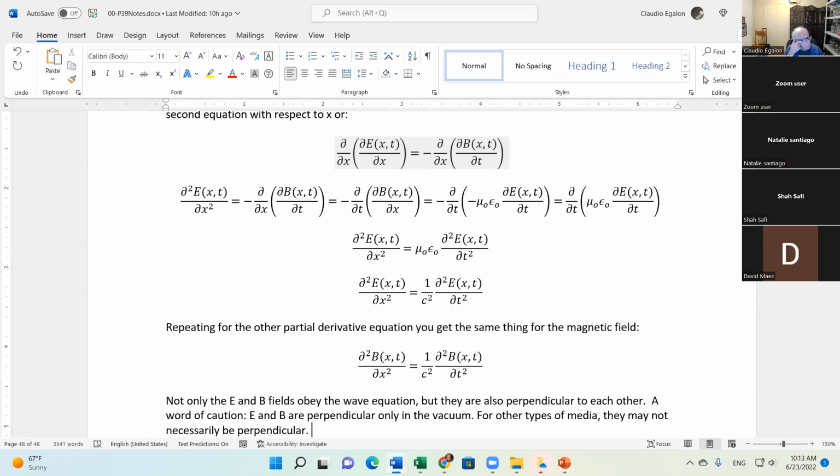Like in the case of an optical fiber, for instance, where an electric and magnetic field propagate inside it. Light propagates inside an optical fiber, which is an electromagnetic field. The electric and magnetic fields are not necessarily perpendicular to each other. They may be, within a certain approximation, but in general, they are not.